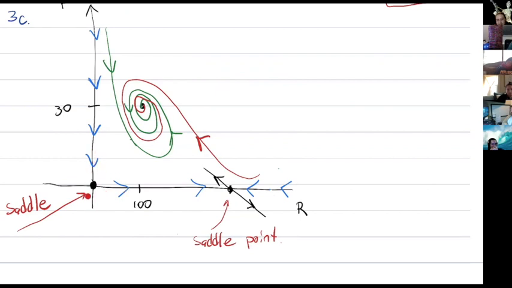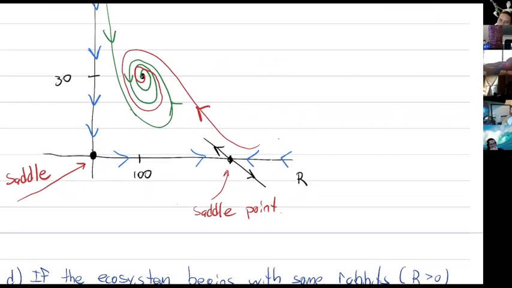So you could find the eigenvectors and plot the phase plane near that point using those eigenvectors. So at the origin, you have one vector that is 0, 1, and the other vector is 1, 0.